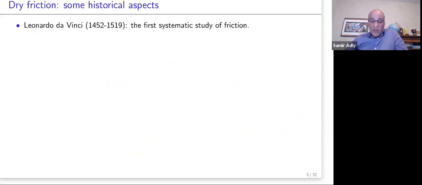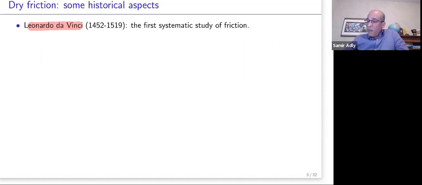So if you look at the history of dry friction, it seems that the first studies are due to Leonardo da Vinci, this polymath and famous Italian artist, who discovered that the friction force is proportional to the load, the friction opposes the motion, and it is independent of the contact area.